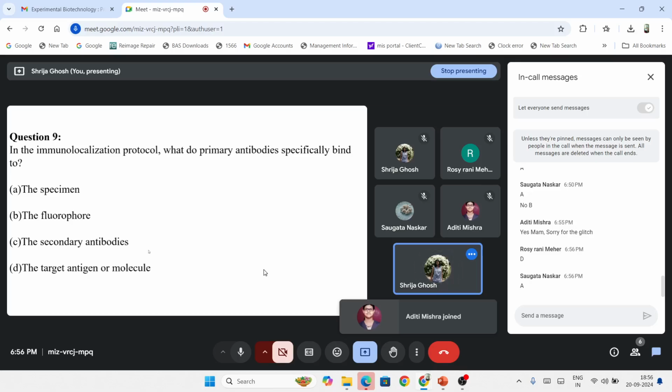Saugata has answered option A. Okay, I think there's still a problem in understanding. So Rosie is actually right. Primary antibodies bind to the target antigen or the molecule.